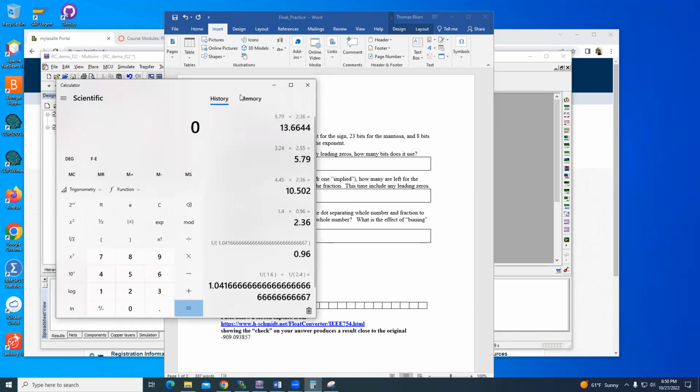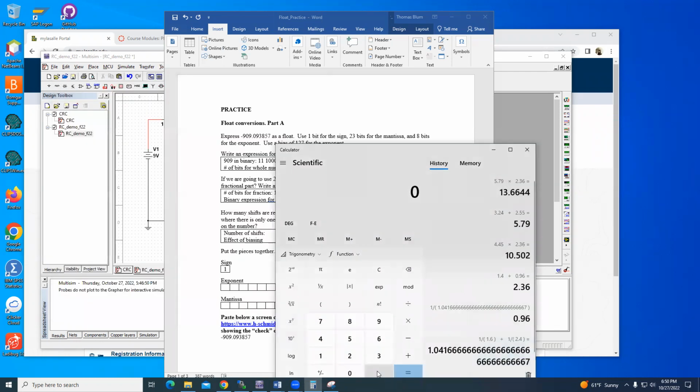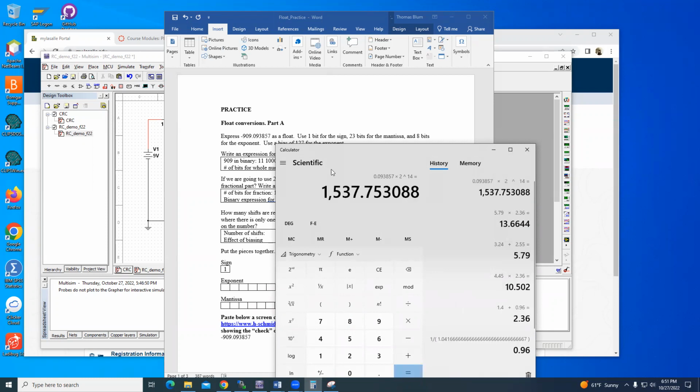And what was the fraction? 0.093857. Why did I make it so long? Times 2 raised to the, I think it was 14, right? So here's some number. I take the whole number. I don't round, I just truncate.